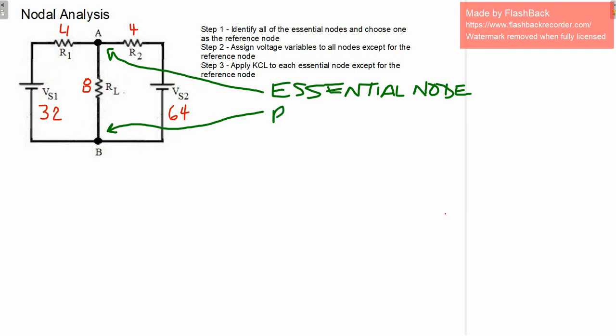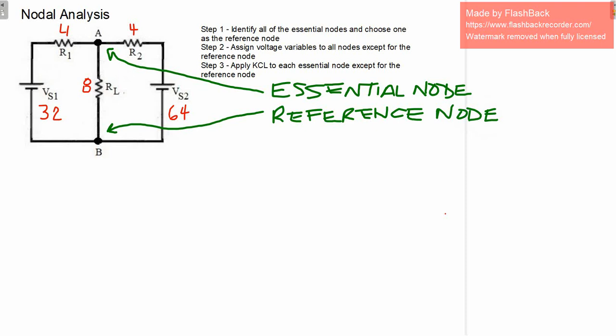We also have a node at the bottom there, and if you notice, it's connected to both of the negative terminals of the battery. So when you have that, we are going to assign a reference node, and you can think of it as the node that will be 0 volts or ground.